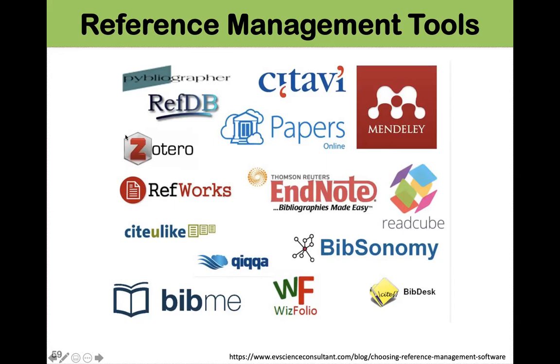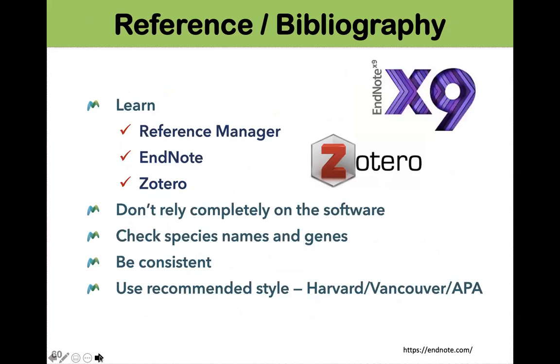And we know that Zotero is free, but there could be others that might be easier. I know some of us in our team are using Zotero and some of us are using EndNote. So you can choose whichever you want and make sure you learn how to use it. These are the three that I used to always recommend, but you can't completely rely on the software.